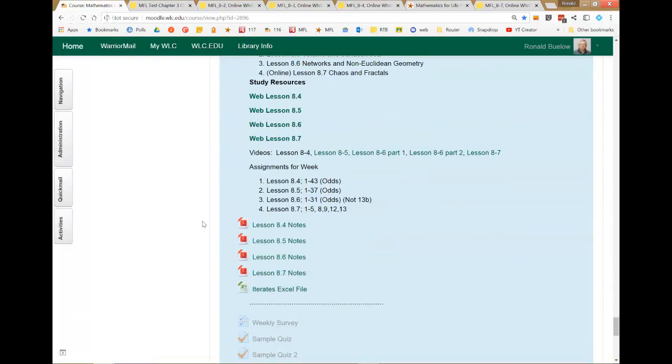I just haven't done the homework for 8-7 yet. Anyway, when you do that, do you see under lesson 8-7 where it says iterates Excel file on my screen here? That's where you're going to insert the decimal numbers. That's a spreadsheet that will help you do all this calculation.